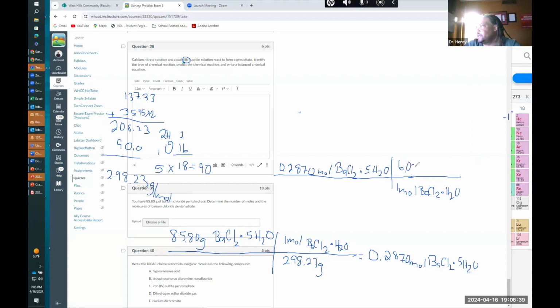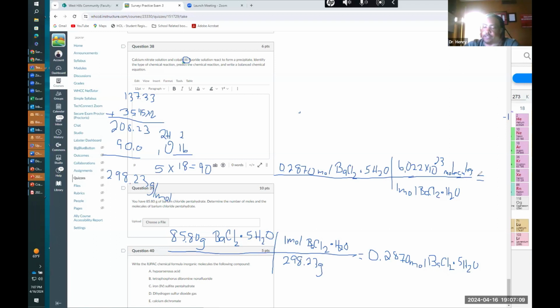So 6.022 times 10 to the 23rd, and that would be molecules. Molecules of barium chloride pentahydrate.